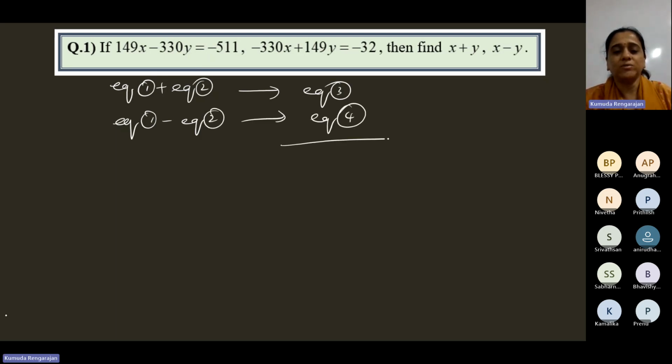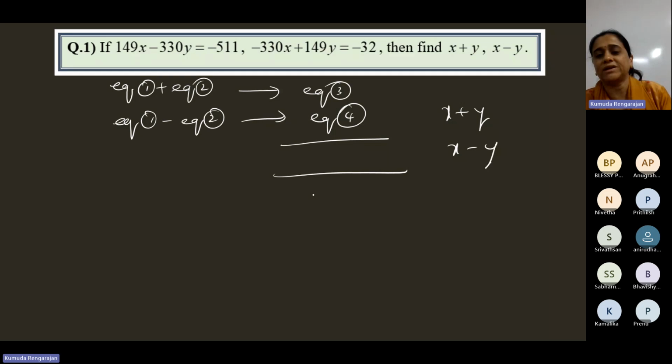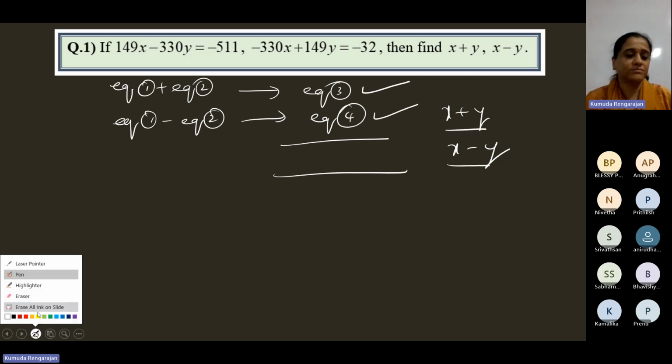And you must solve equations 3 and 4 to find the values of x and y. Here you don't even have to find the values of x and y. You should only find x plus y and x minus y. Add the two equations, call that equation 3, subtract the two equations, call that equation 4. And you can stop there because you just have to find x plus y and x minus y.